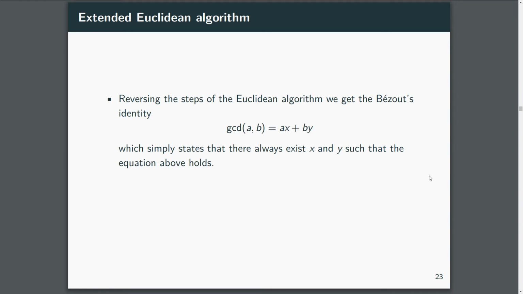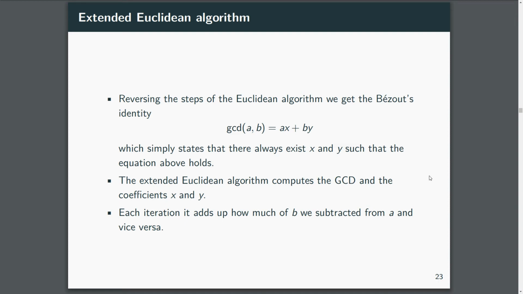If you reverse the steps taken by the Euclidean algorithm, we get what's known as Bezout's identity. This simply states that there always exists an x and a y such that the equation here holds.